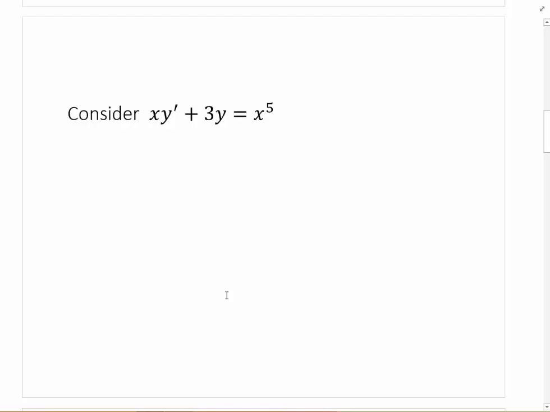So here's that equation again. The first thing I want to do is divide by x. I want that y prime by itself. So I'm going to divide each term by x. So now I have y prime plus 3 over x times y, and then the right-hand side is x to the fourth. Simple algebraic move there.